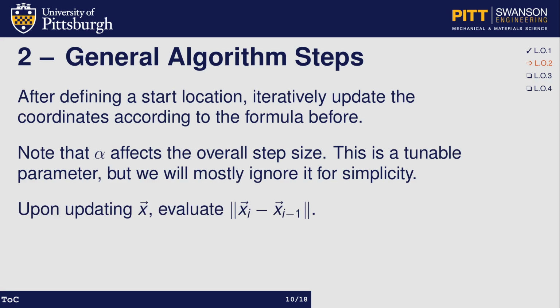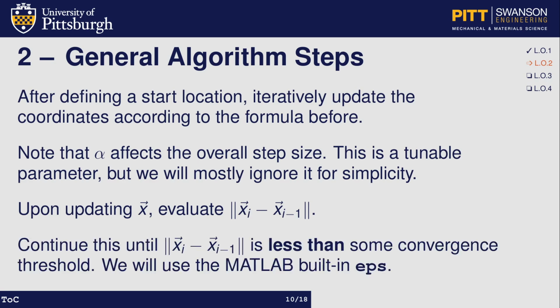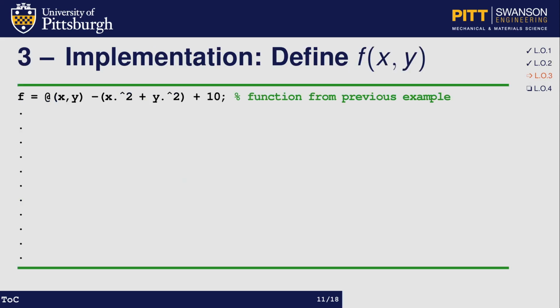Upon updating the vector x, your coordinates, you evaluate the norm of the difference between the previous iteration and the current iteration, and you continue until that norm is less than some convergence threshold. For now, we will use the MATLAB built-in eps function, which is the numerical precision in MATLAB.